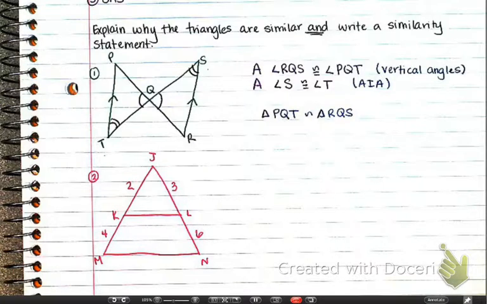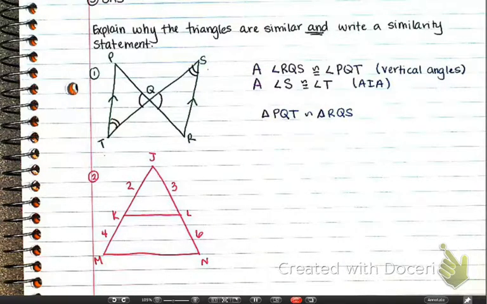Side angle side. Why did you choose side angle side? They share the J, and we know the information about their sides. Okay, so Annie says they share the J, and we know some information about the sides. Anyone have a different option?